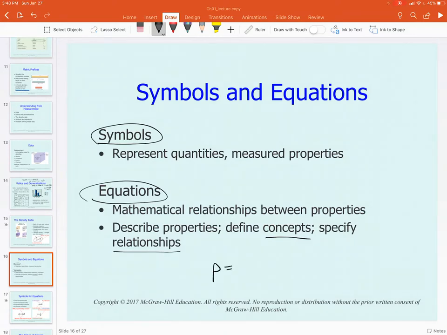For instance, density shows a relationship between mass divided by volume, which was obvious because when we solve for density, it gives us units of grams per centimeter cubed. So that makes sense that it has a relationship between mass and volume.